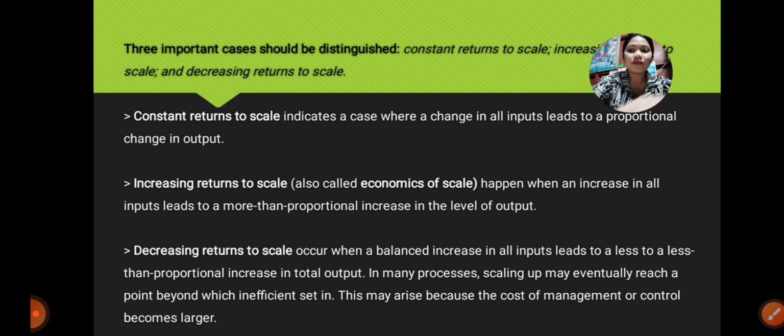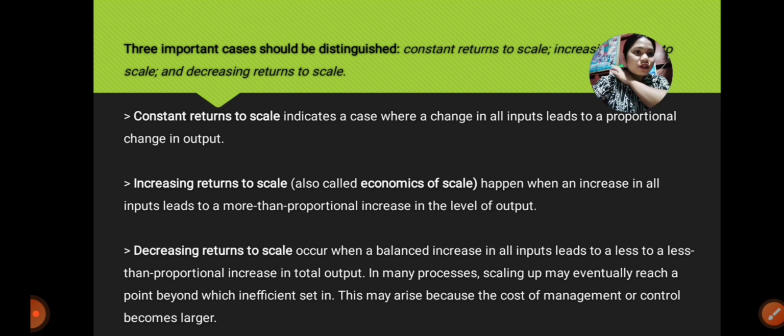For instance, if the farmland, number of farmers, and other farm inputs are doubled, then we can assume that under this condition, the rice production would also double.